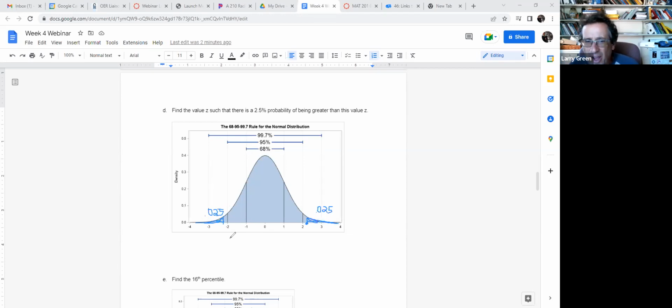All right. So how much total area do I have shaded in? Okay, 0.025 is how much is on one side. How much is the total? Yeah, it's 0.05. Okay. How much isn't shaded in?